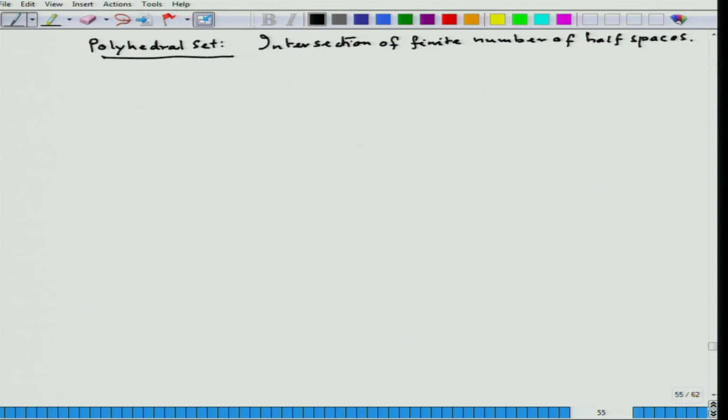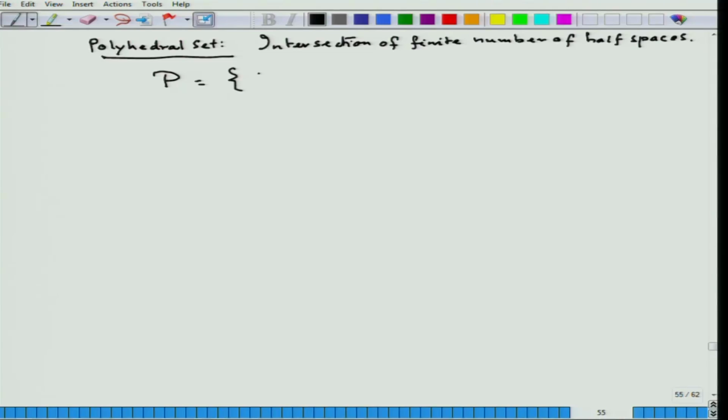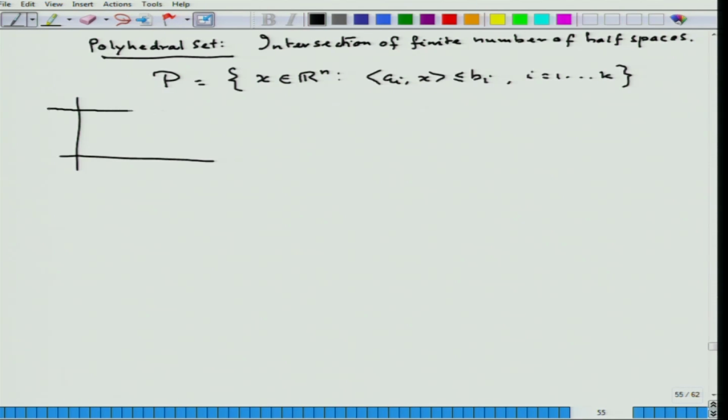A polyhedral set P usually would look like this: you have a half space here, a half space here, a half space here, and it could be a set like this. This is a polyhedral set.